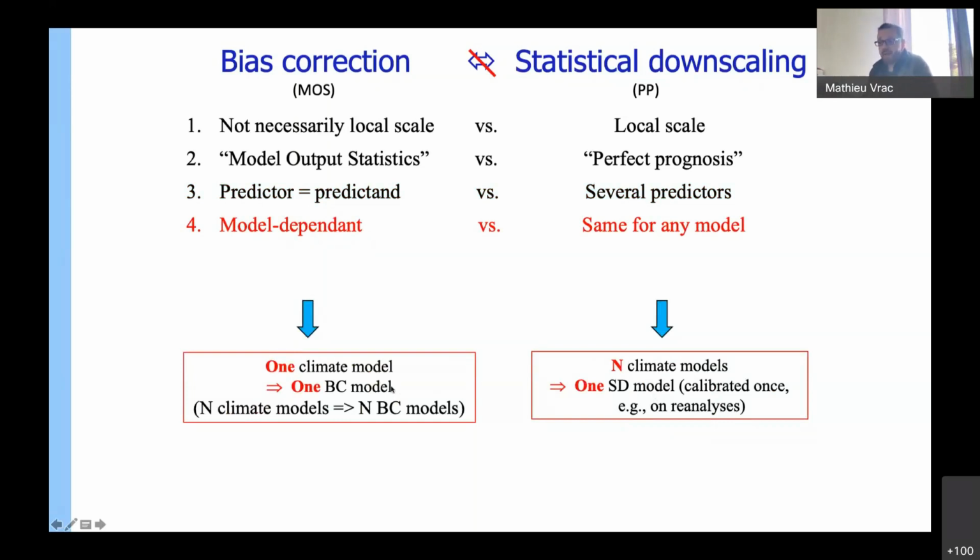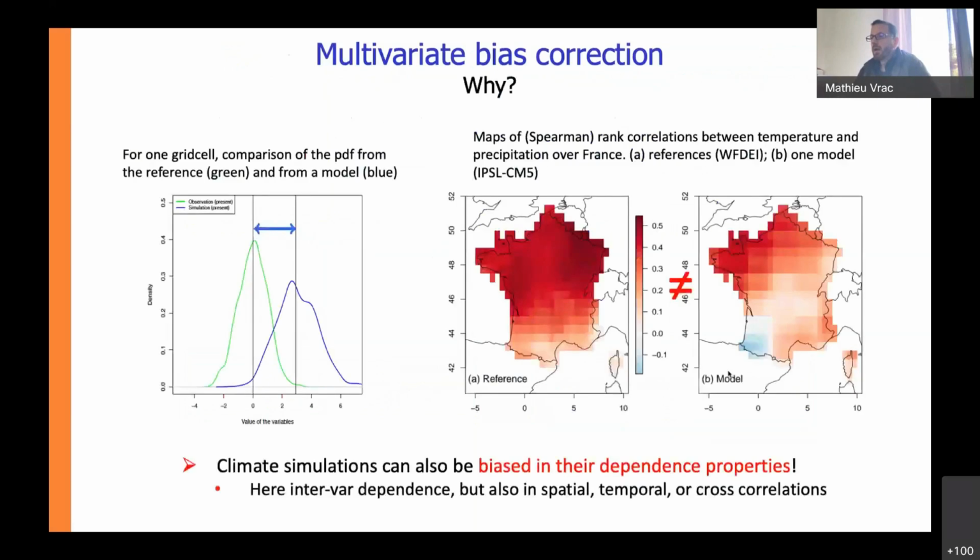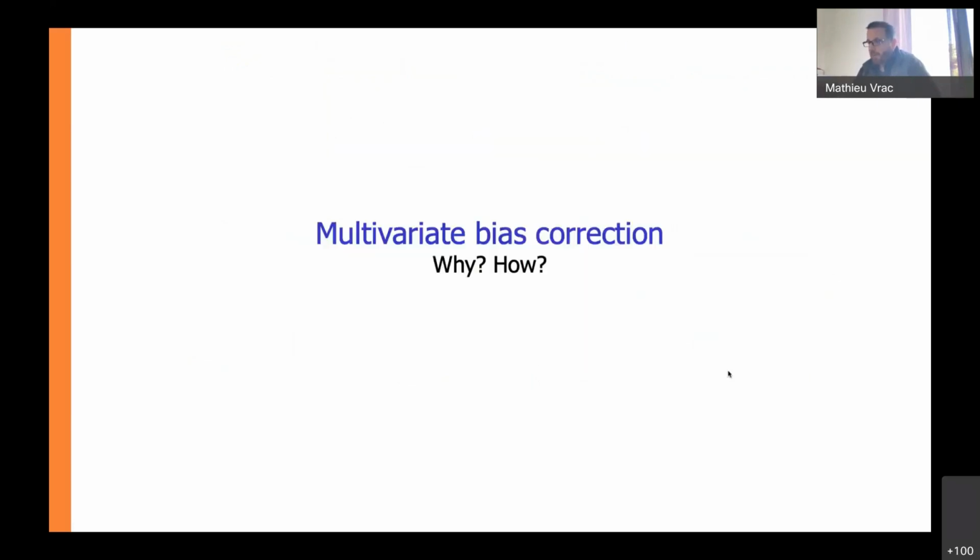But if you have n climate models, in a bias correction context, you will have to calibrate n bias correction models. You have one correction per climate model, while you have only one statistical downscaling model for all n climate models. And so that's a big difference. Okay, basically what I've just said is true as well for the univariate and the multivariate bias correction.